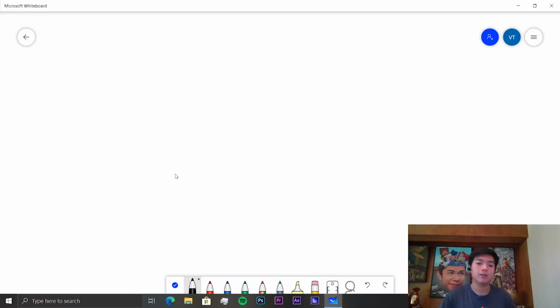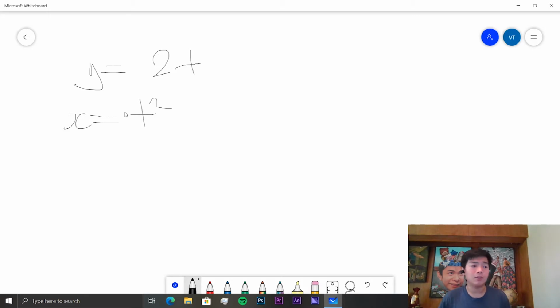A parametric equation is when we have two variables, x and y, but they're both expressed in terms of a third variable. For example, y is equal to 2t and x is equal to t squared. And sometimes it's hard to express y in terms of x, or it's just harder than what we can do instead if we want to get the derivative dy over dx.